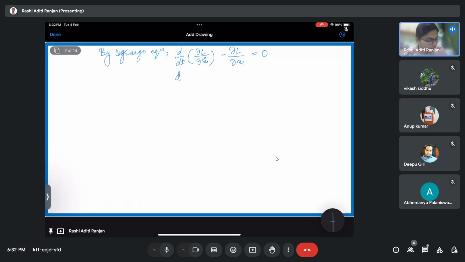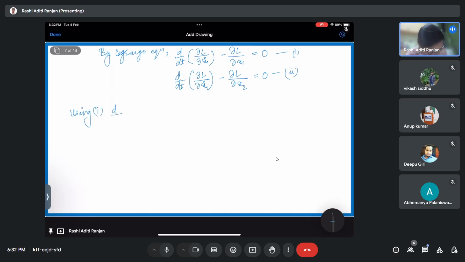And for the second generalized coordinate, I'll have d by dt del L by del x2 dot minus del L by del x2 is equal to 0. Okay, these are the two equations, 1 and 2. So using 1, what do I get?